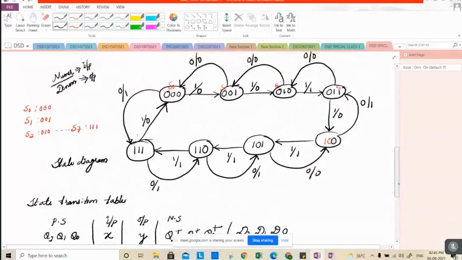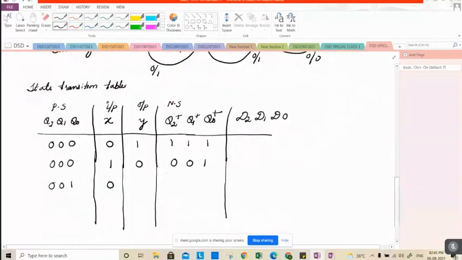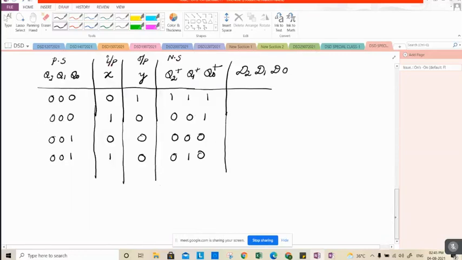Triple 0, and the output is 0. And 0, 0, 1, if X is equal to 1, what will be the next state? 0, 1, 0, and the output is equal to 0 here also. Please fill this table quickly in your notebooks and tell me the expressions for D2, D1, D0.